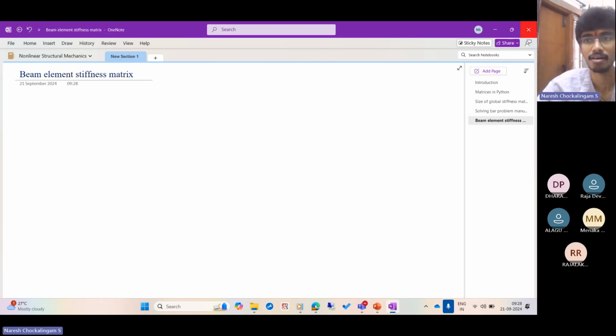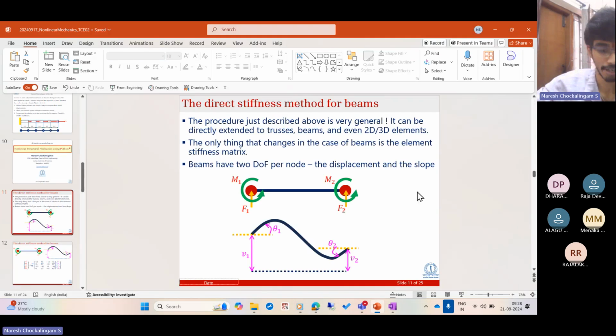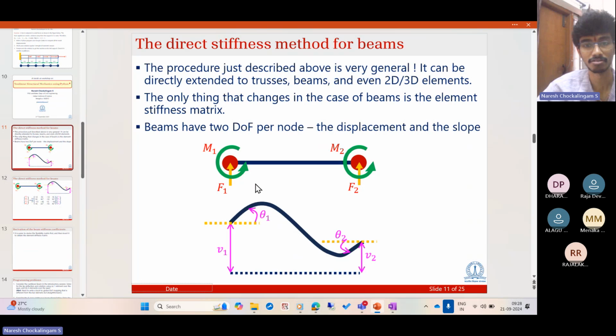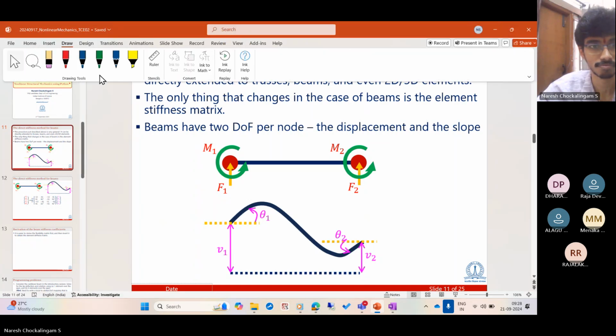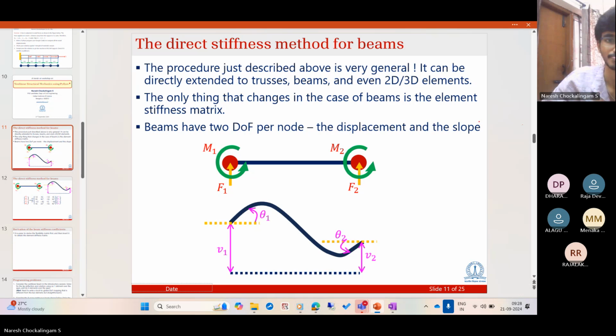Okay. So coming to the idea of a beam element stiffness matrix, think about it.